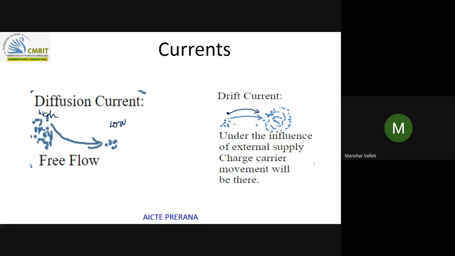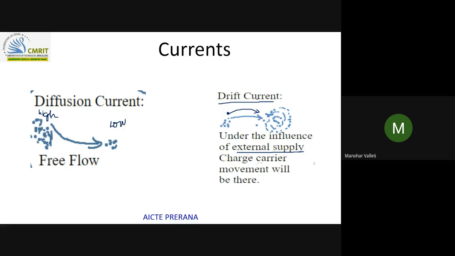Generally drift will happen from lower concentration to higher concentration, though this is a general case. It happens with the help of an external power supply, like pumping water to the hilly area with the help of a motor. If external energy is needed, that is drift current.